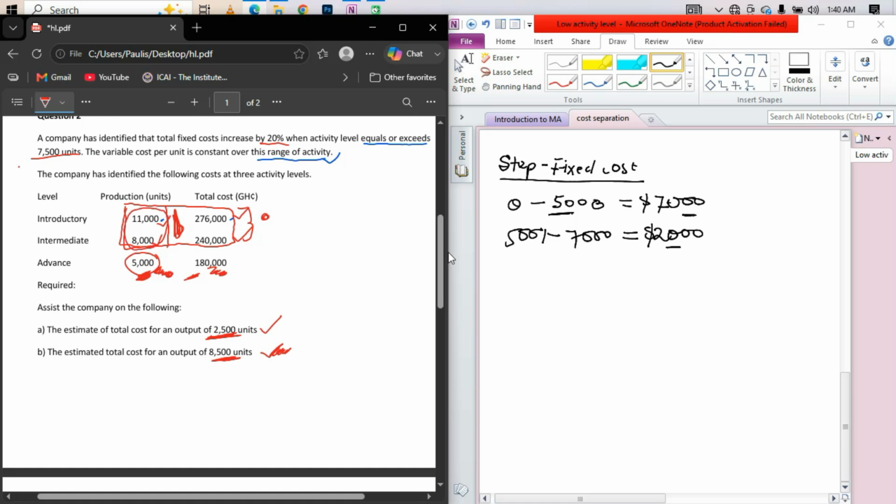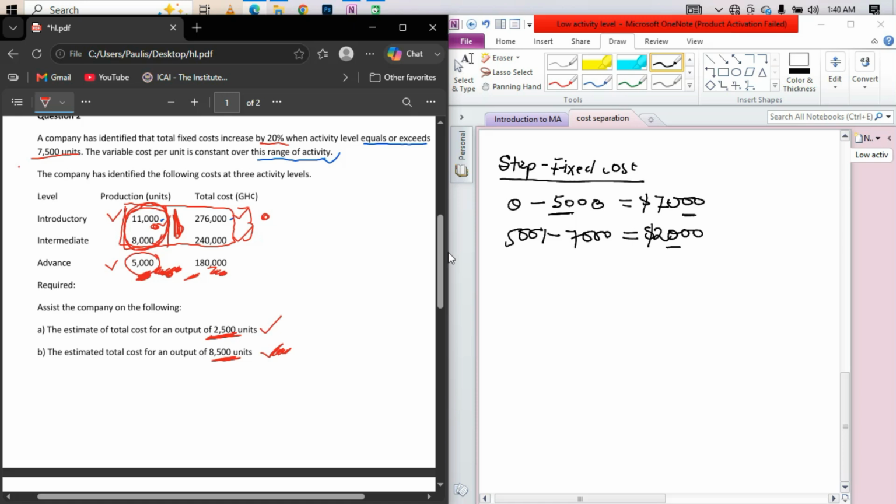The two of them are above the 7,500 benchmark given to us. So we use this one first, then we reduce the fixed cost by the 20% to get the fixed cost that will be applicable here. If you get a question like this and you use the high-low method with 11,000 and 5,000, I'm sorry, you are doing it wrong.